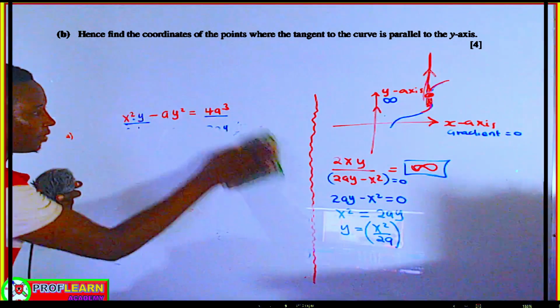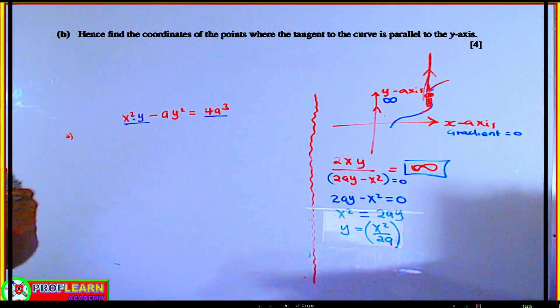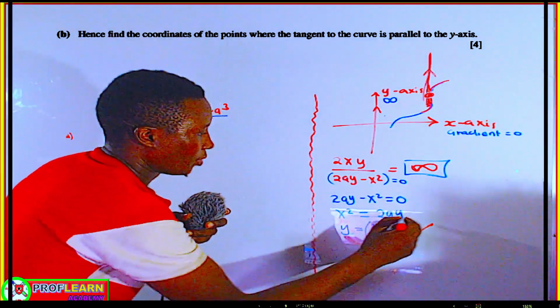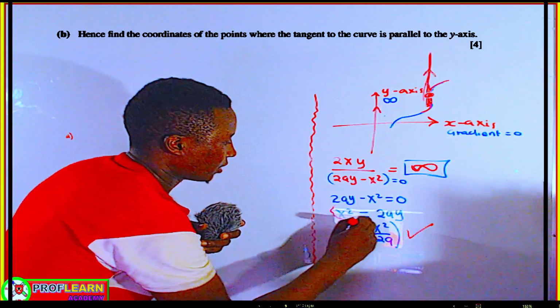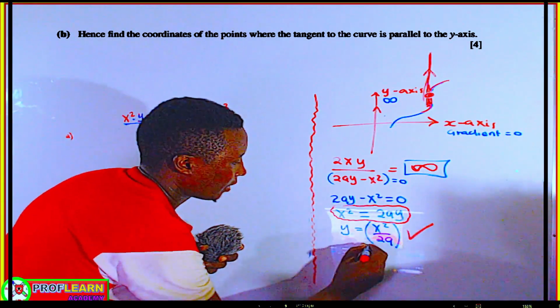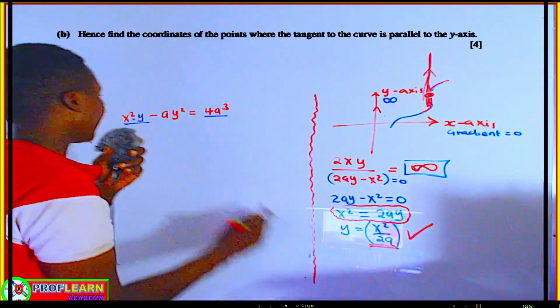Just wait for a moment and see what we are going to do at this point. Now, since we have y equal to x squared over 2a, which we got from this given point, we are going to substitute it anywhere we have y in the original equation.